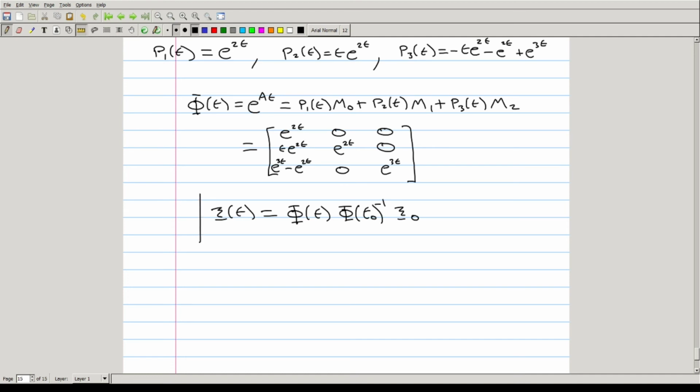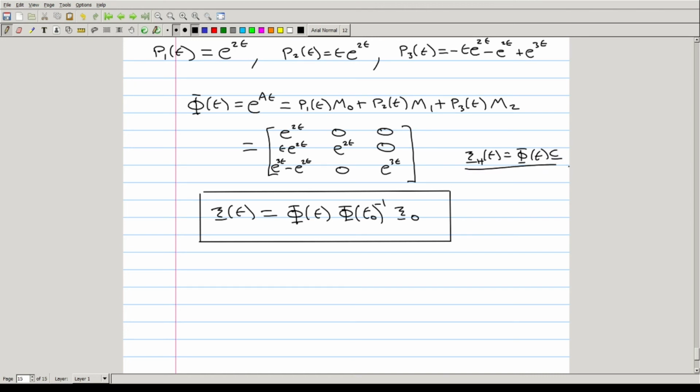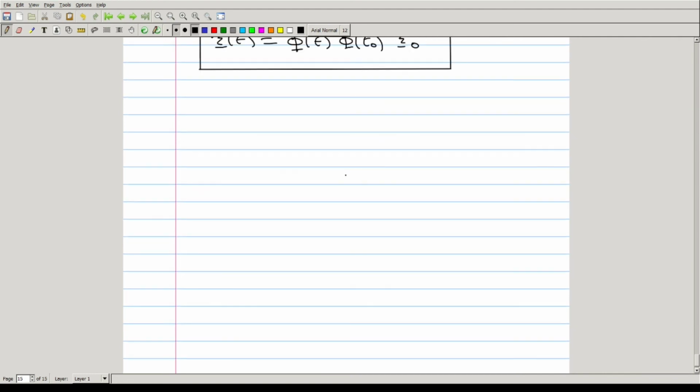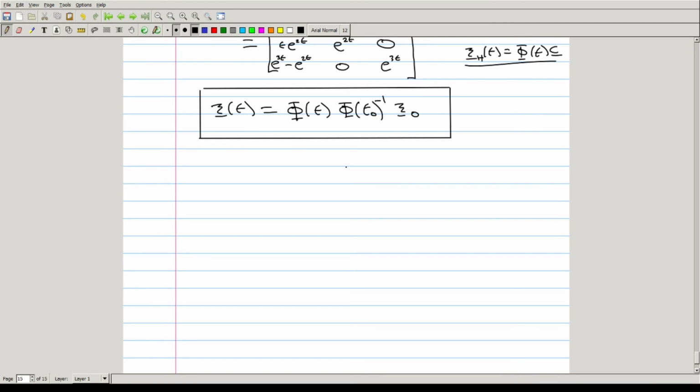And this is the solution to the homogeneous initial value problem that we started initially. In general, if you want the general solution, xi h of t, this will be phi of t times some arbitrary constant vector. But this is very, very powerful. This is very, very cool, and we're going to see that this gives us essentially a way forward for classification of the stability of critical points.